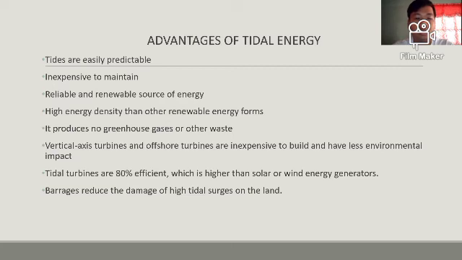And vertical axis turbine and offshore turbine are inexpensive to build and have less environmental impact. And tidal turbines are 80% efficient, which is higher than solar or wind energy generators. And barrage reduces the damage of high tidal surge on the land.